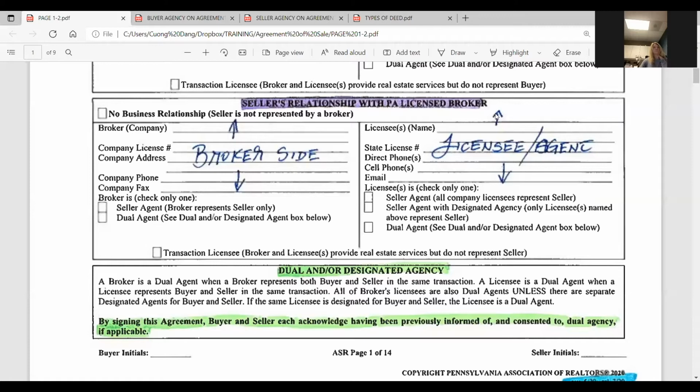But if you start writing it up and you start asking them questions and you start giving them advice, well, should I have a home inspection or not have a home inspection? Well, I don't know. It's a good idea to have a home inspection. What if you buy it and something happens? The moment you start giving any advice, you're no longer a transaction licensee. Okay.